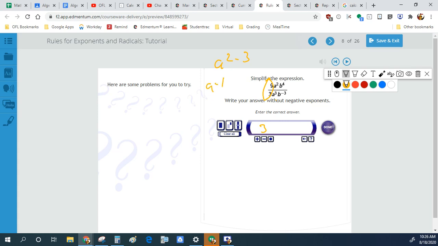That's going to be a to the minus 1. So far we have 3 with an a on the bottom. Then our next one is b to the 4 minus negative 3. Negative and negative make a positive. B to the 7. And it's a positive, so this goes on the top.